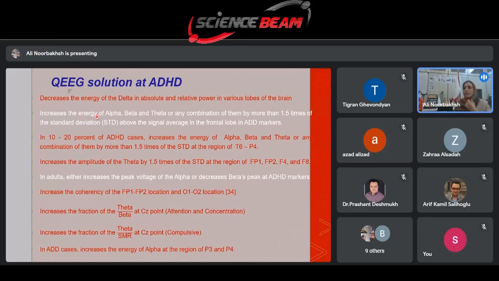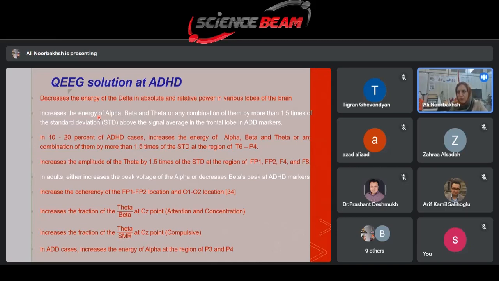In 10-20% of ADHD cases, increase the energy of alpha, beta, and theta, or any combination of them, by more than 1.5 times the standard deviation at the region of T6 to P4.